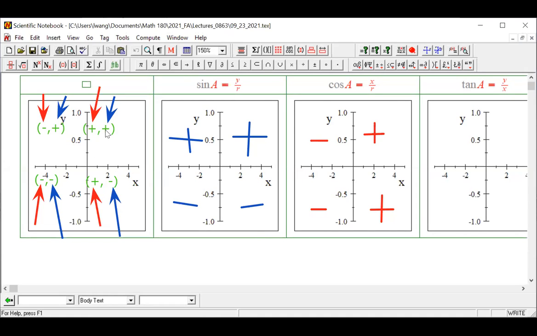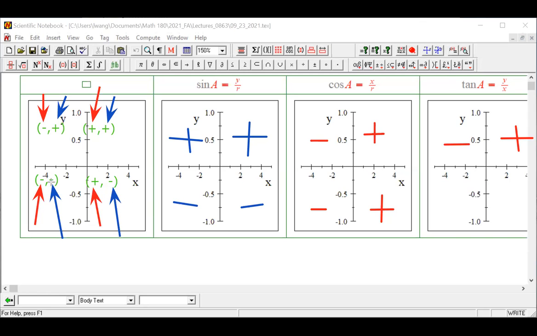So positive divided by positive is positive. On the second quadrant, positive divided by negative is negative.